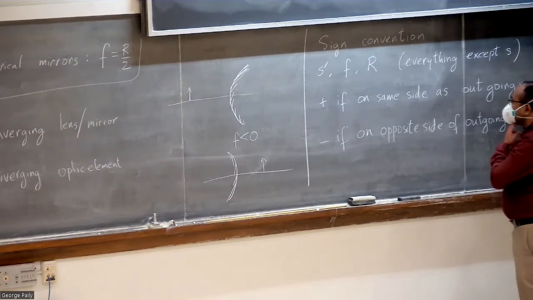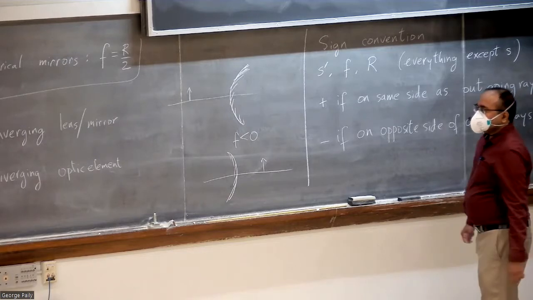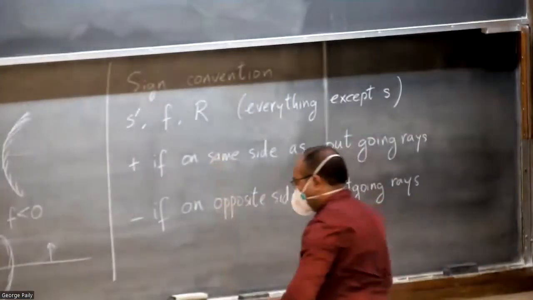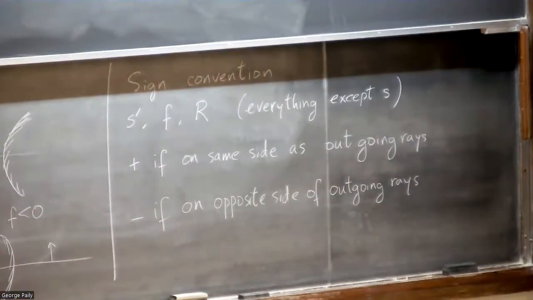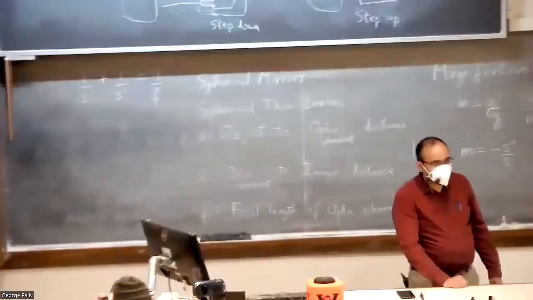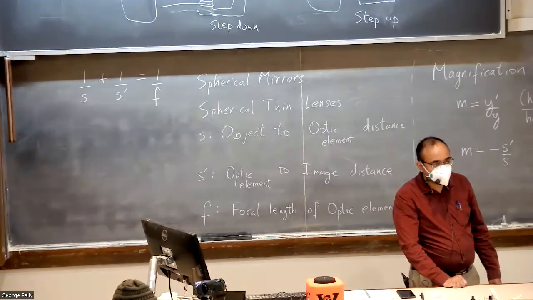Okay, so I'll do it on the first board over there. Oh, question, yes. If f is less than 0, doesn't that imply that the image to vertex distance would be greater than the object to vertex distance?